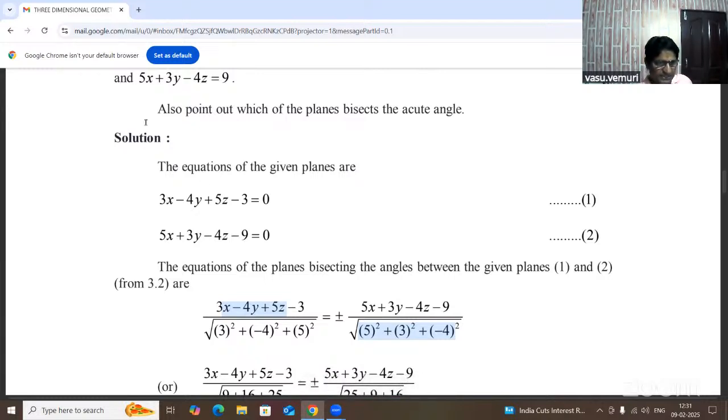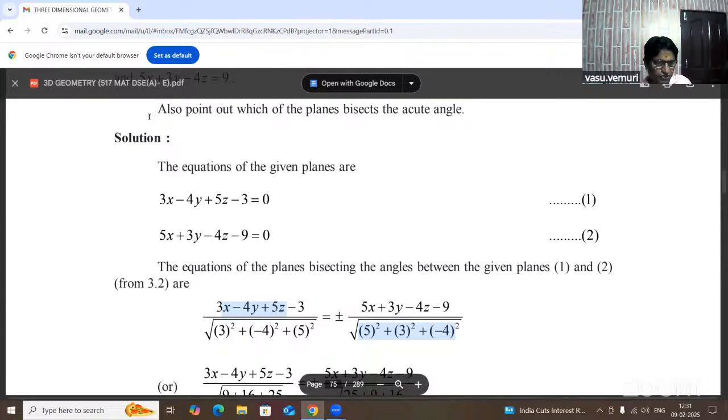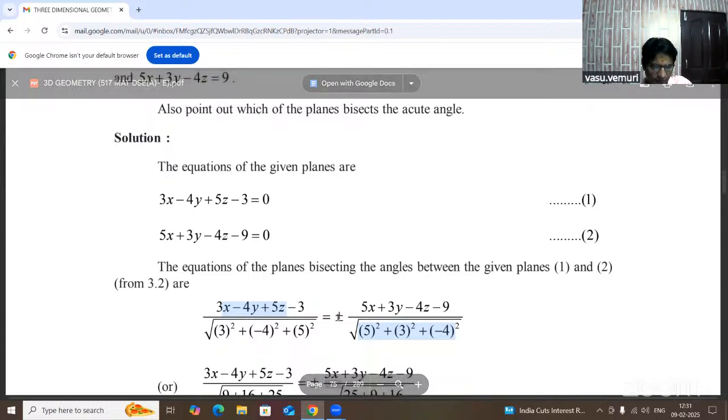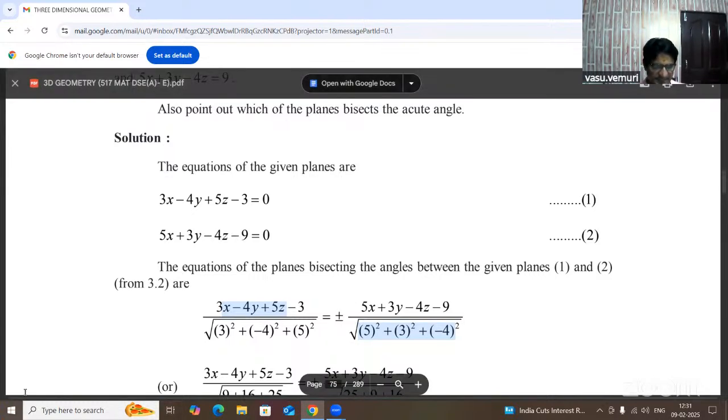Simply, first of all, after removing the modulus, we take plus or minus.